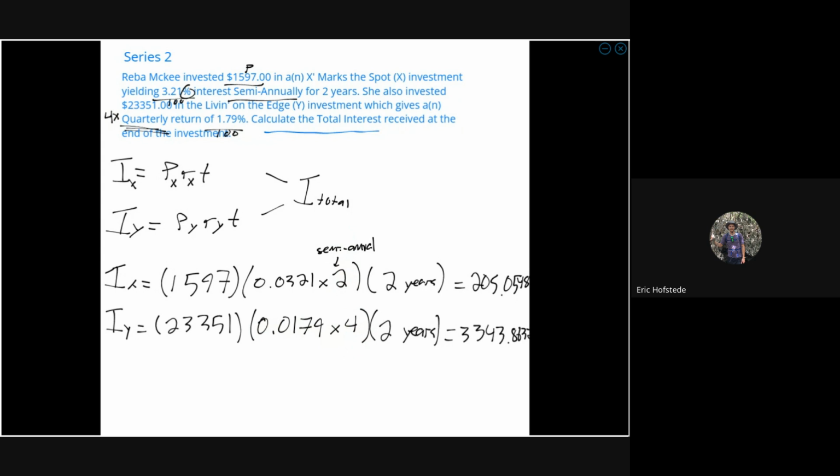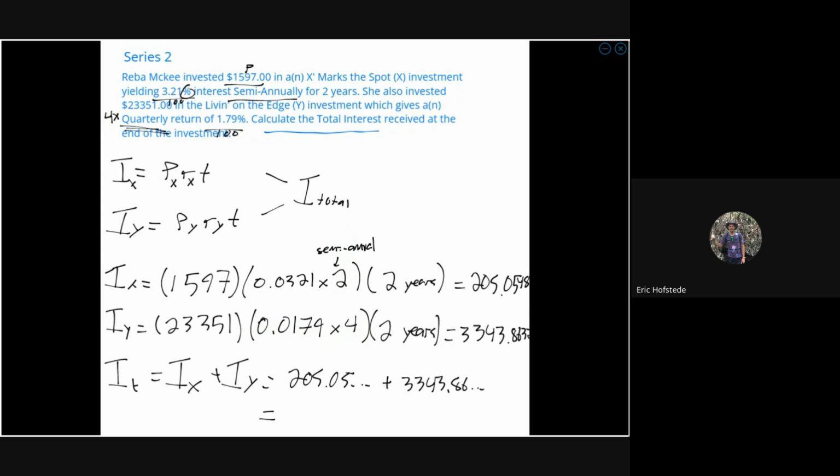Then the last step is to add these together. Total interest is interest from X plus interest from Y: 205.05, and I'll keep my significant digits in my calculator, plus $3,343.86. Again, I'll keep an exact value and just round at the very end.